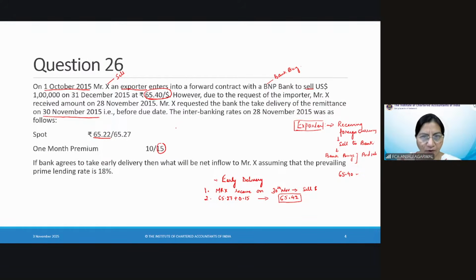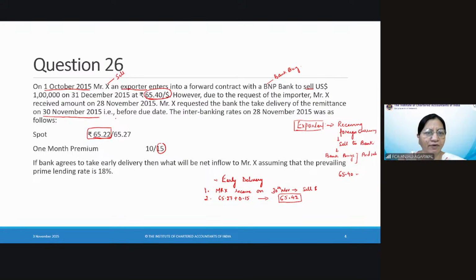So two things will happen because of this. Had everything been normal, Mr. X would have received the dollars on 31st December, which he would have sold to the bank for 65.40. But just because there is an early delivery, two things are happening. First, the bank has to receive the dollars before that, on 30th November, which it will sell. And for bank, again, bid rate will be applicable.